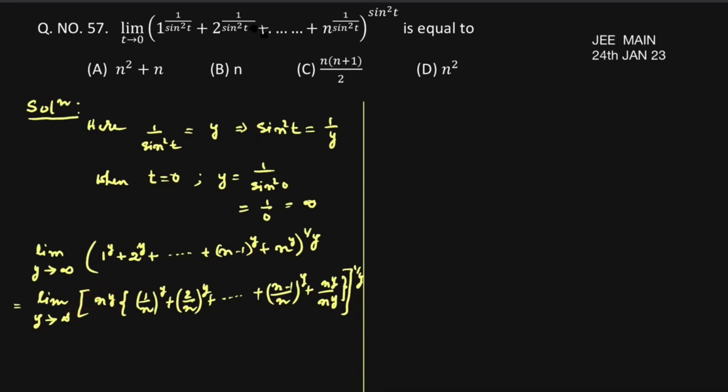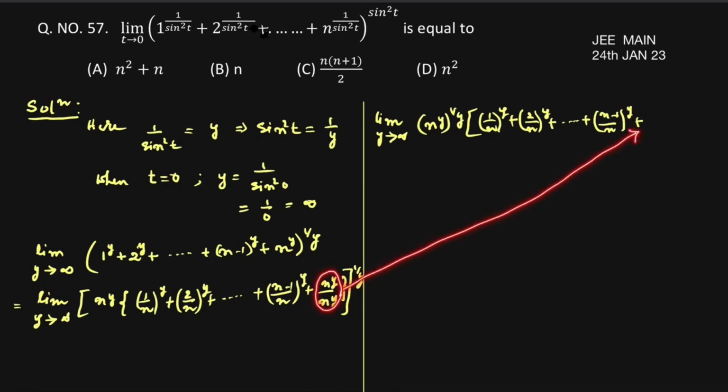Then we are able to write limit y tends to infinity, (n to power y) to power 1 by y, times (1 by n to power y plus 2 by n to power y plus it's going on plus n minus 1 by n to power y plus 1) to power 1 by y.